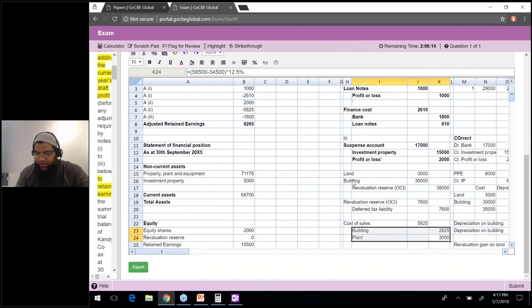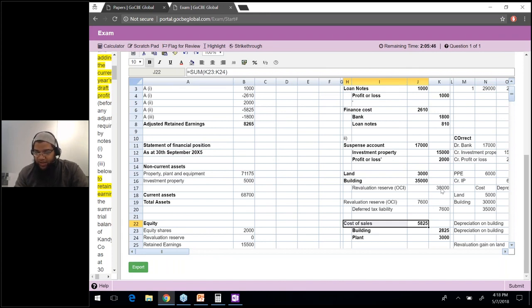So we have incorporated these two values, and that's it. We had already incorporated the cost of sales over here, 5,825.